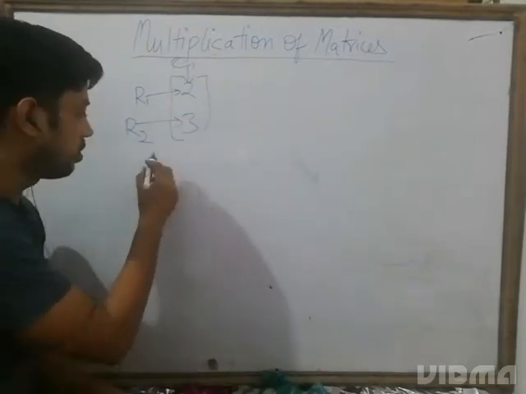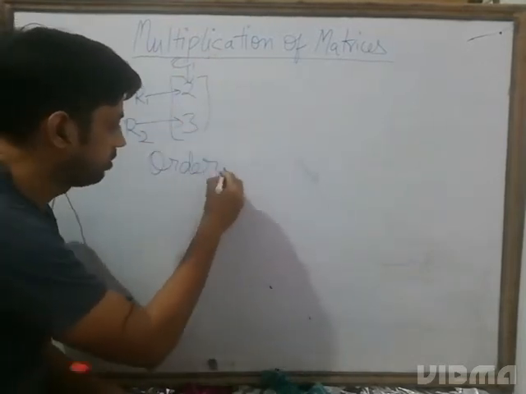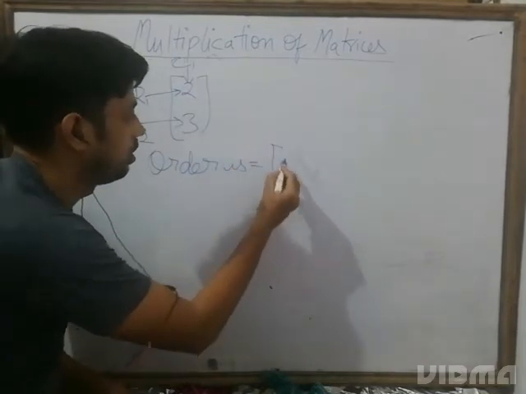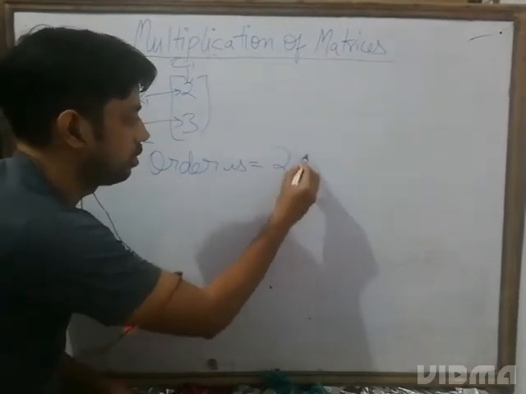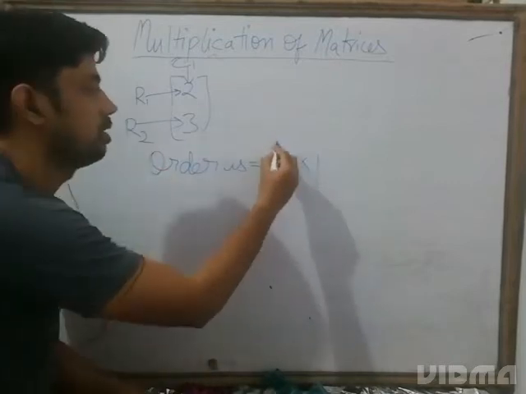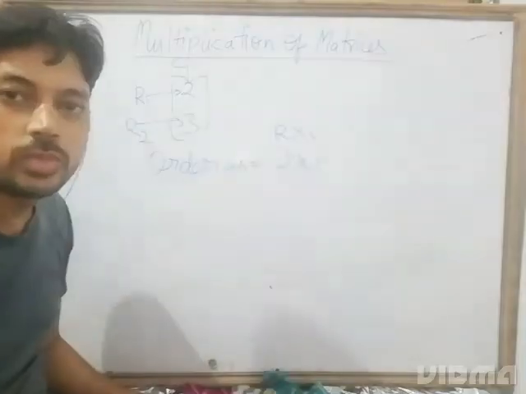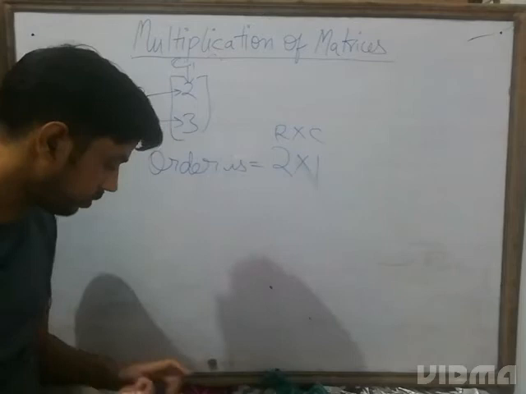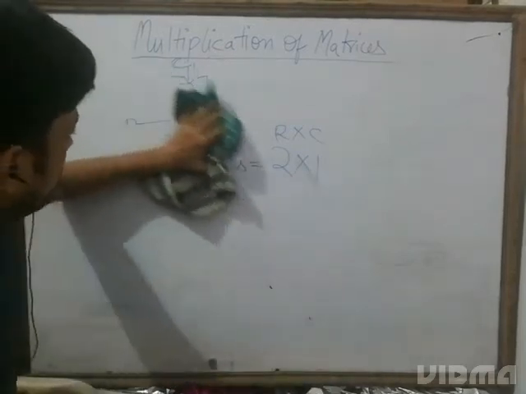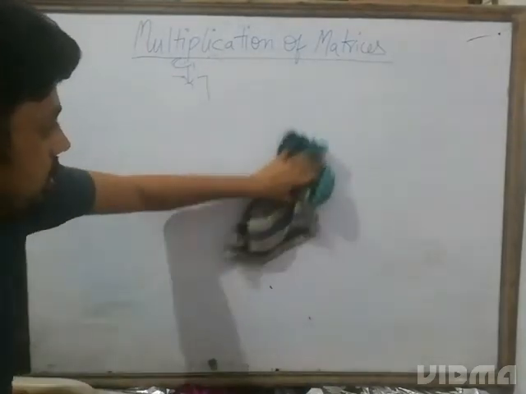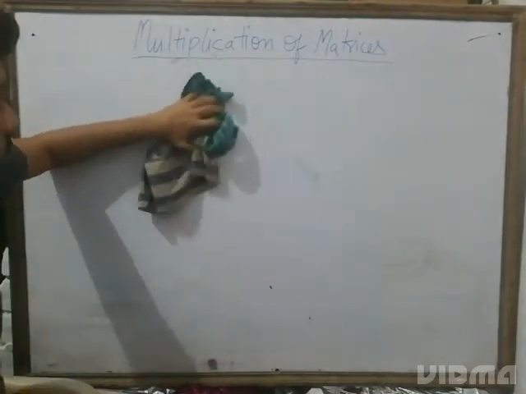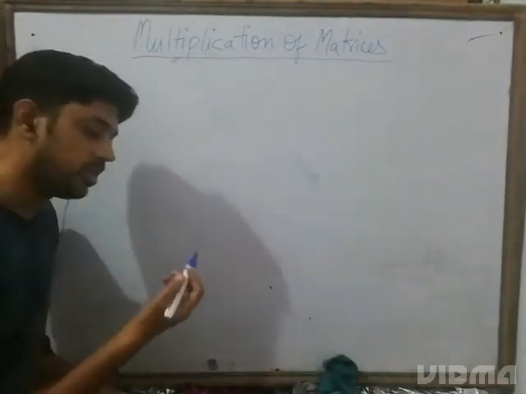Only one column. So the order of this matrix is 2 into 1, because we always have to write row into column. Now we got the point of the order of matrices, so we will move forward.